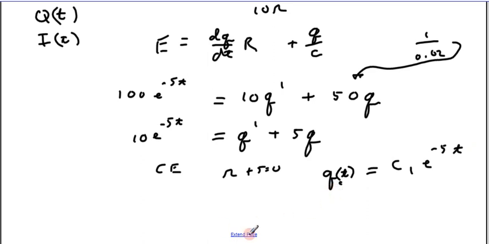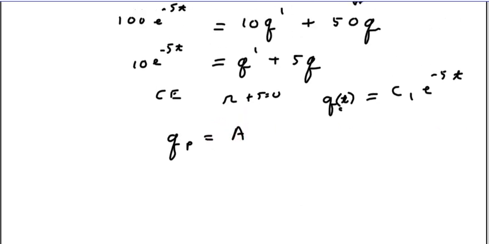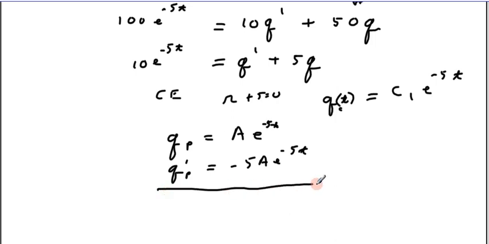Now I'm going to get a particular solution, q sub p, and it has to be a e to the minus 5t, and the derivative of the particular solution is minus 5a e to the minus 5t. And from the differential equation, I need one of them, I need 5 of these.